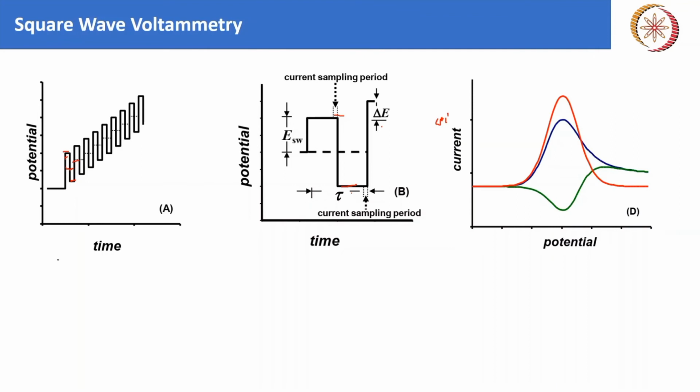Suppose, as I discussed on the previous slide, your system is quasi-reversible or irreversible and you are not able to see any redox peak during the reverse process, then you can do square wave voltammetry, which works on a 5 to 50 millisecond time scale, whereas cyclic voltammetry works on a 0.5 to 5 second scale.